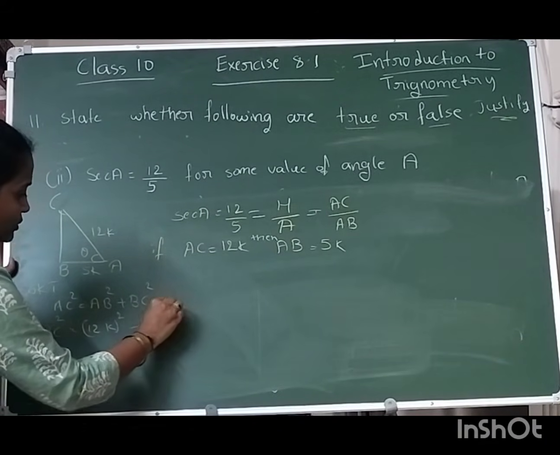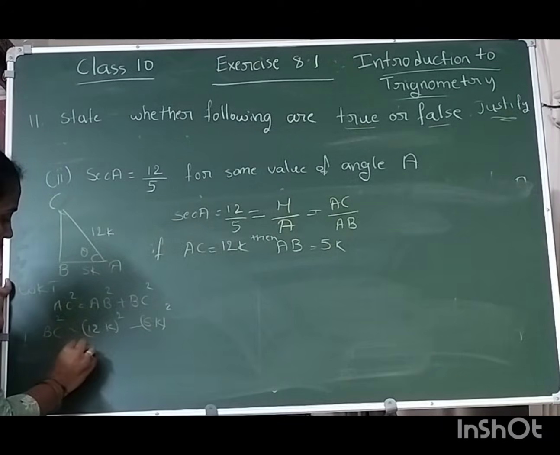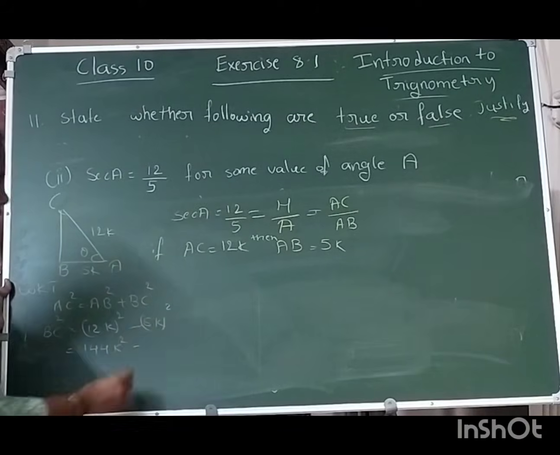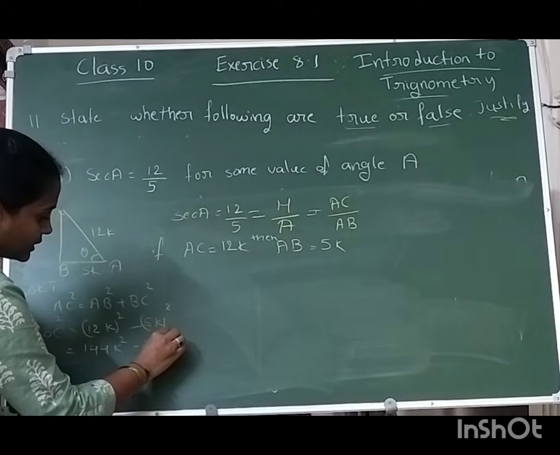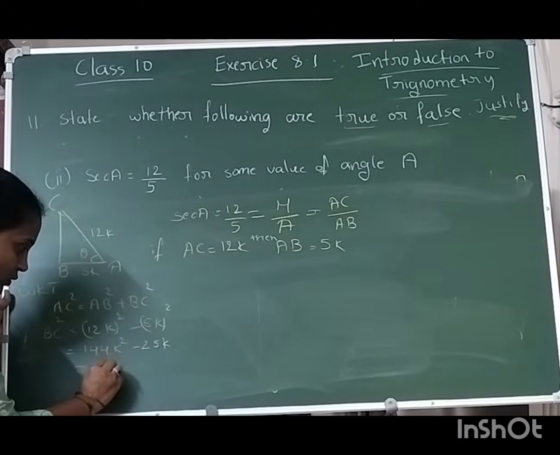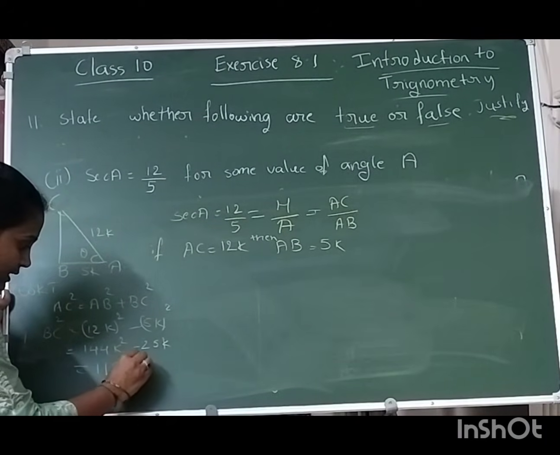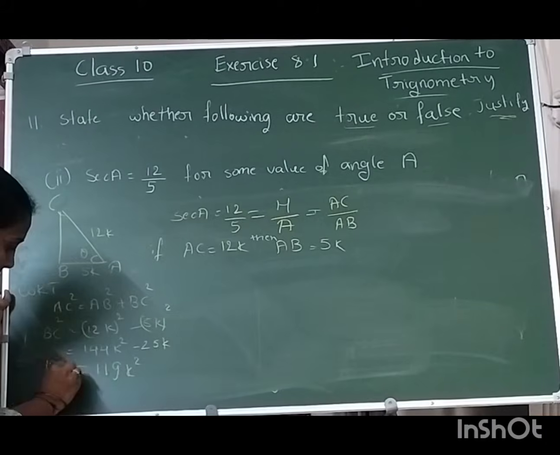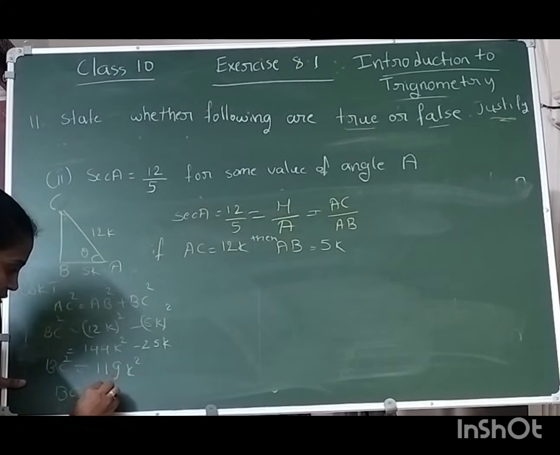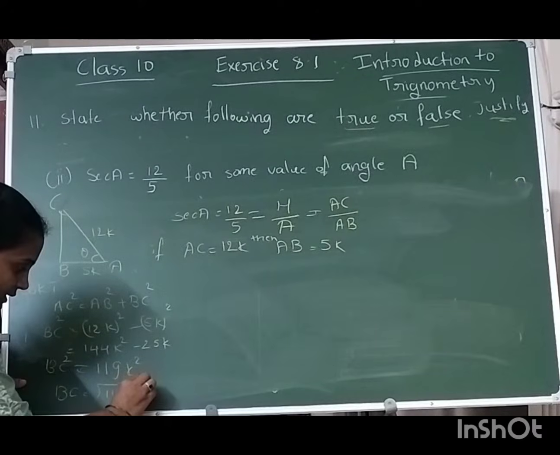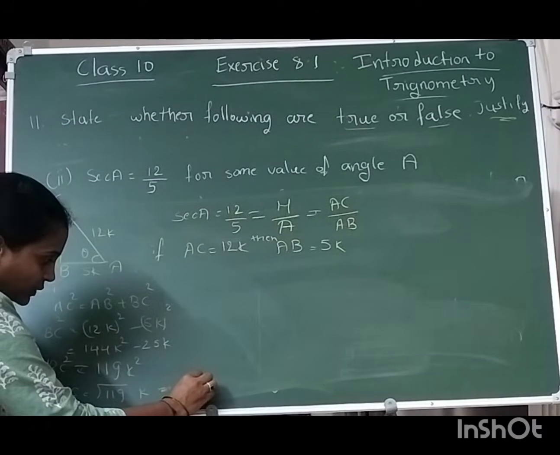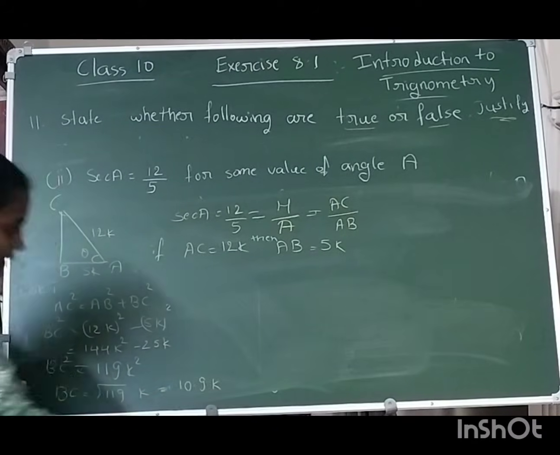What is AC? 12K. We'll get 12K whole square minus 5K whole square. So 12K whole square is 144K square and 5K square is 25K square. So upon subtraction, we'll get 119K square. So BC will become under root 119K. So that is approximately 10.9K.